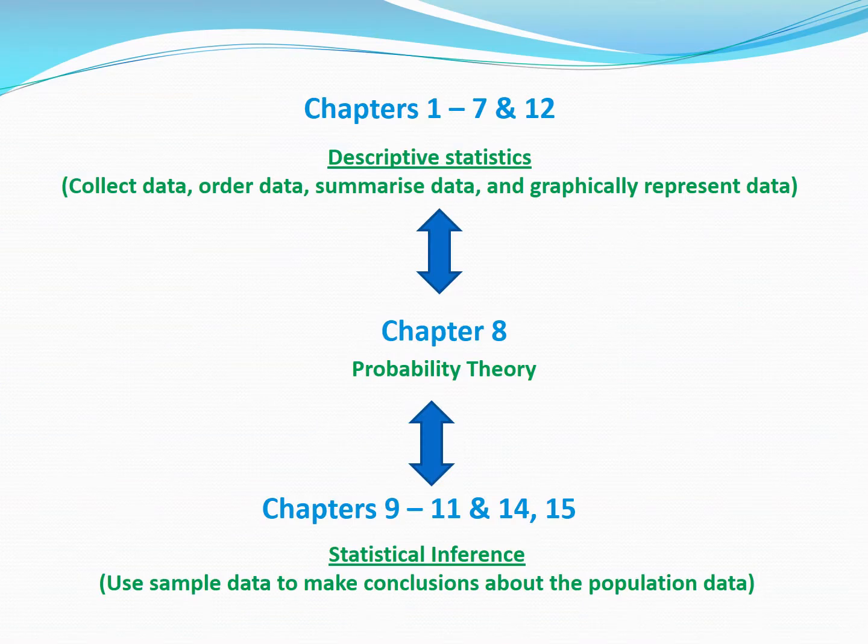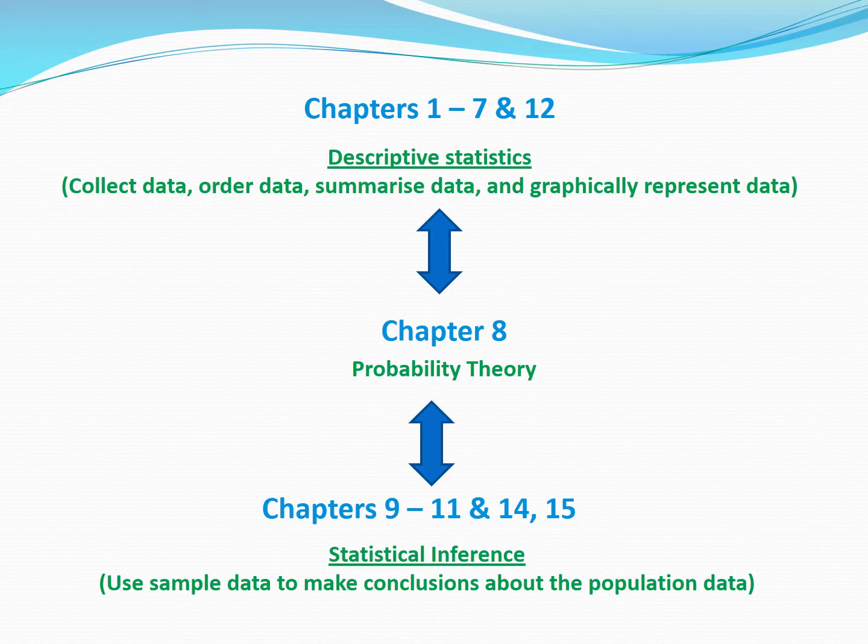In STTN 111, you focused on descriptive statistics, where you had a data set and you wanted to order and summarize the data. So you created, for instance, frequency distributions for your data, or you calculated the mean for your data set, and you also represented your data graphically.